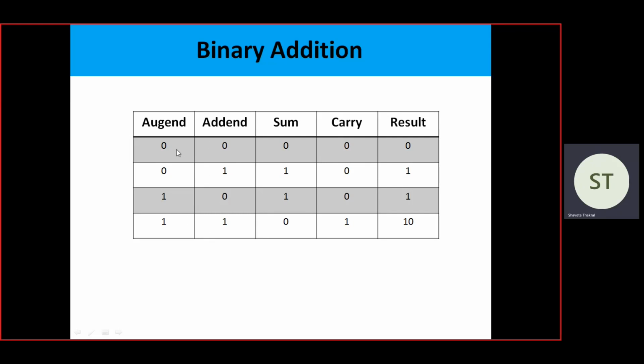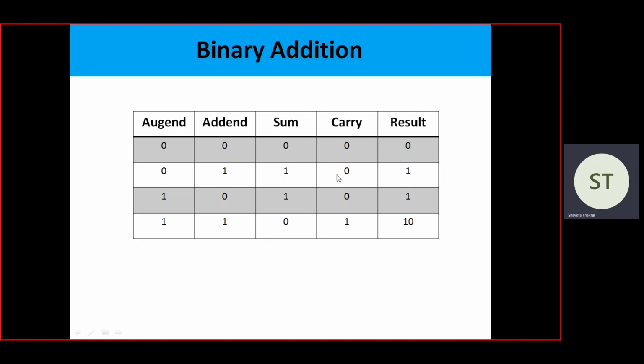So we have to see: if the augend and addend both are 0, then the summation of 0 and 0 will be 0. There is no requirement of carry, and the result is also 0. And if we are adding 0 with 1, 0 plus 1 summation will be 1.